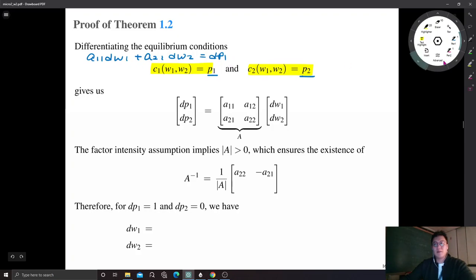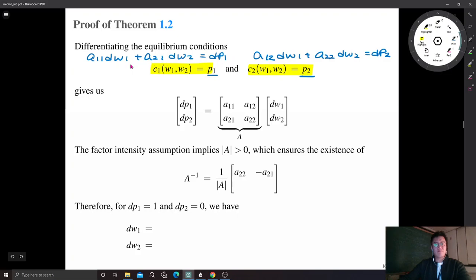Okay? And similarly, if we do total differentiation of the second condition, then we get A sub 1,2 dW1 and A sub 2,2 dW2 equals dP2. Okay, so we come up with a system of linear equations, right?